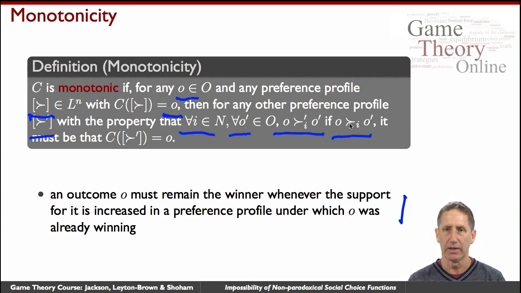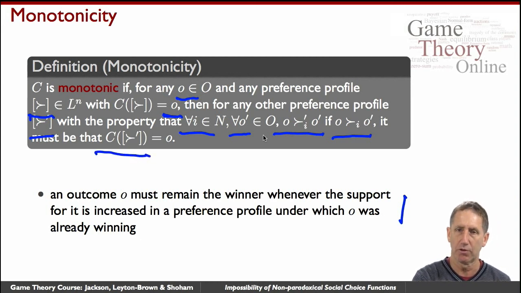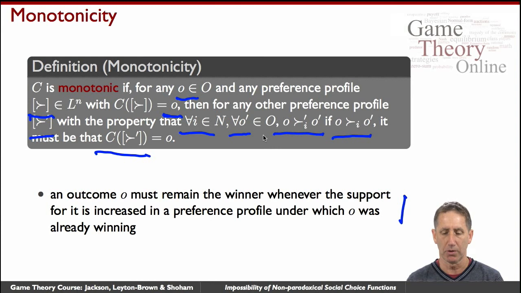So that original winner O never lost support, maybe only gained support. Then under those conditions, it better be the case that under the new preference order, in which O only got more support, it would still be the social choice, the winner. Again, a reasonable property to require.